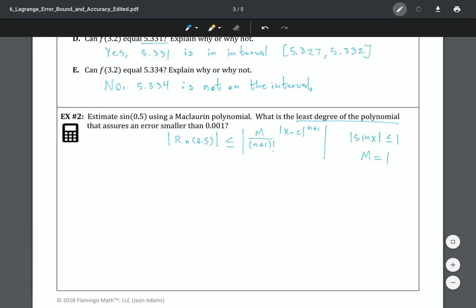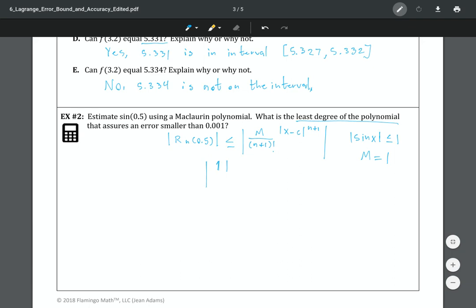Now the rest, I have to plug it in there, okay? Now, let's see what we know. We know the m. We can say the absolute value, this is 1. Now for the next part, I have the absolute value of x.